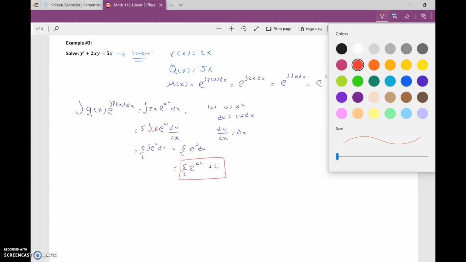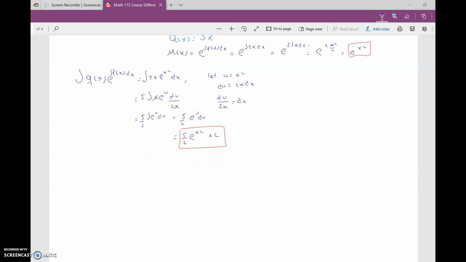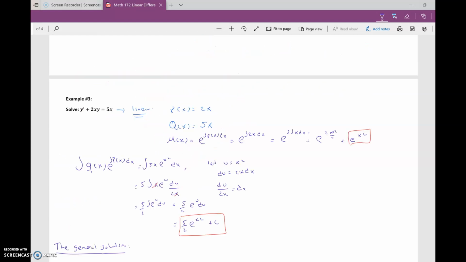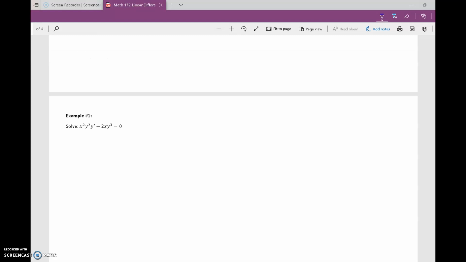Okay, so the actual solution, or in this case the general solution, is going to be y is equal to, and I'm just rewriting it in this format.